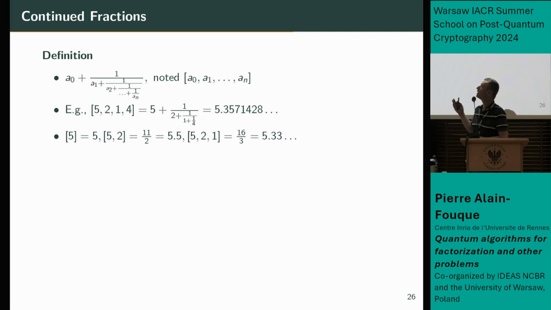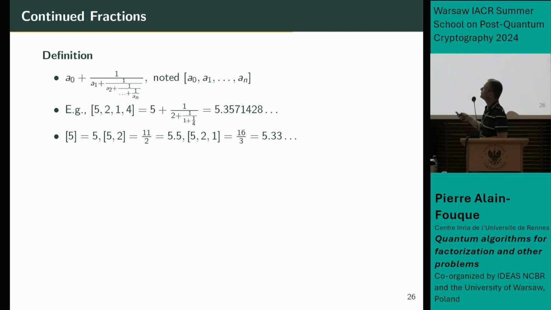However, there is another way to describe this kind of algorithm, very similar to what we do during the lattice reduction. Assume that you have some fraction. You can always describe it as follows. Here you have A0 plus, and all the Ai here will be integers, and I will represent this whole fraction using this kind of notation, just to make the notation a little bit shorter.